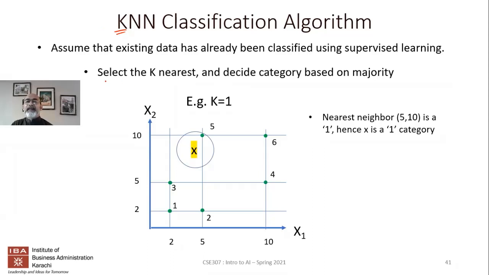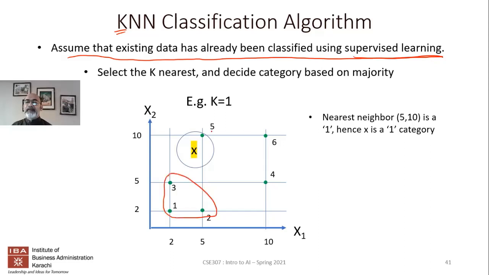We assume that the existing data has already been classified using supervised learning, and that's why this is called a supervised learning algorithm. These are the points which have already been classified between 0 and 1. These are all the zeros and these are all the ones.